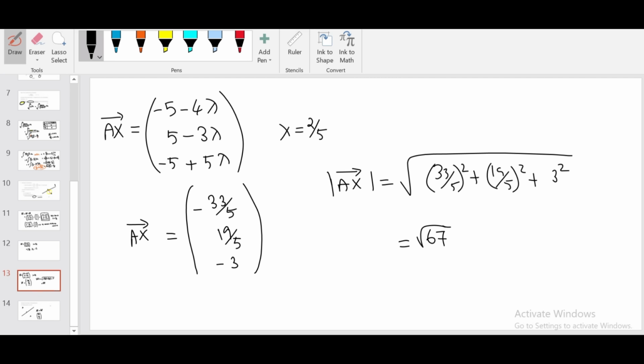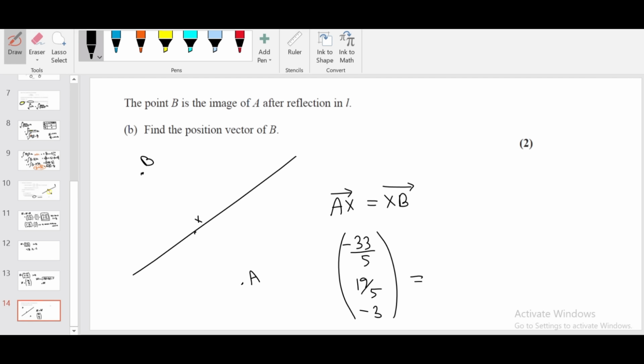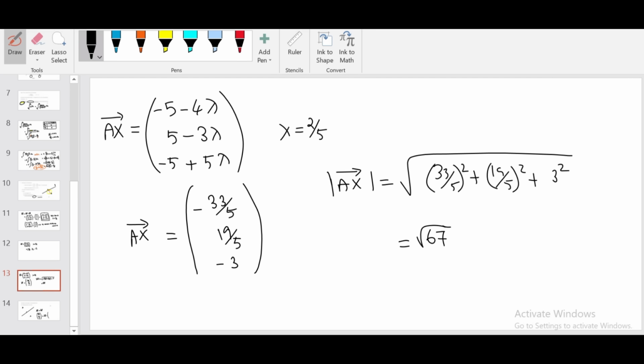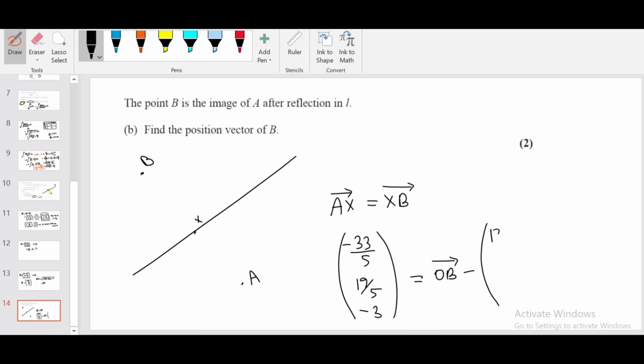Is that minus 3? Yes. That is equal to the XB vector, which is the OB vector minus the OX vector. We got the OX vector also here: 12 over 5, 4 over 5, negative 1. Now if you bring this vector here and add them, you will get the OB vector.